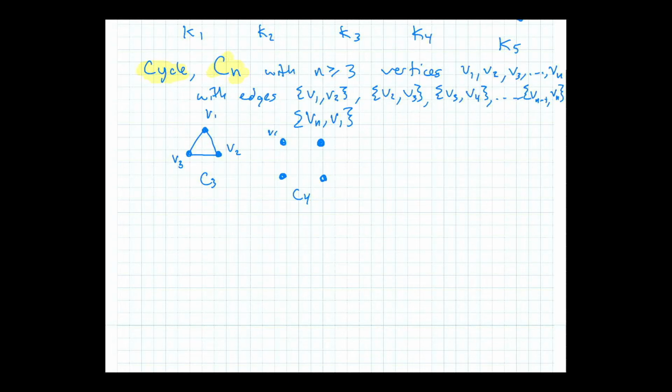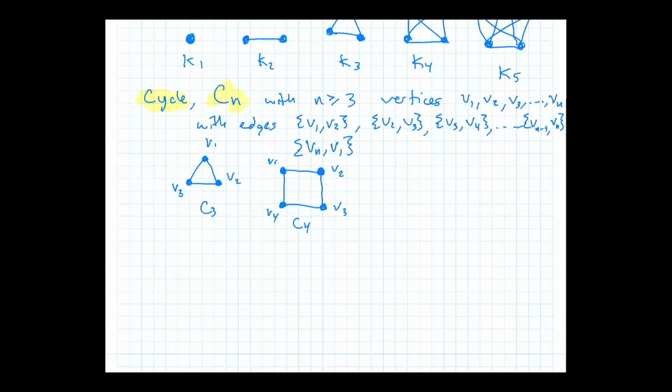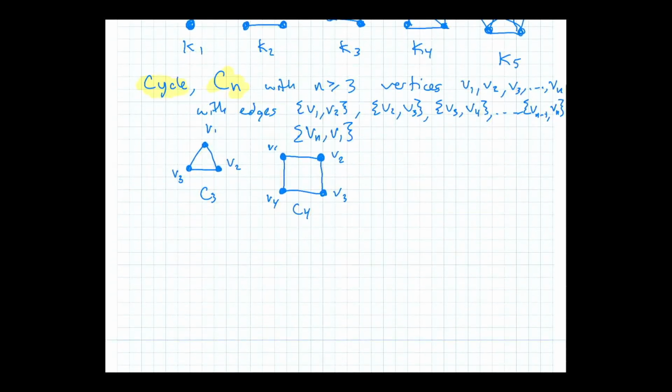Same thing here: V1, V2, V3, V4. You go V1 to V2, V2 to V3, V3 to V4, V4 back to V1. So that's C4, cycle. Now, C3 looks exactly like K3, right? C3 and K3, identical. C4 and K4 are not identical because we have these crosses here, but we don't have that on C4.